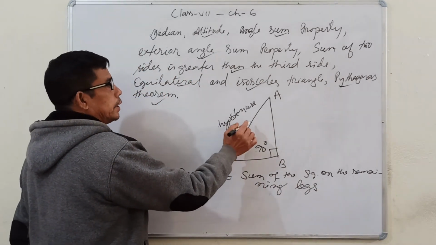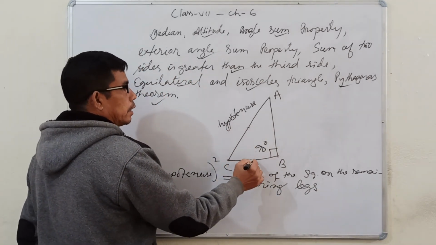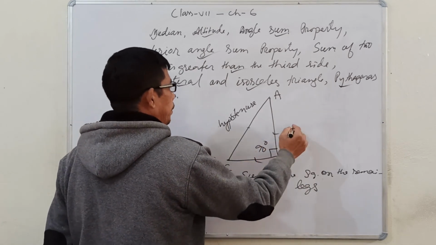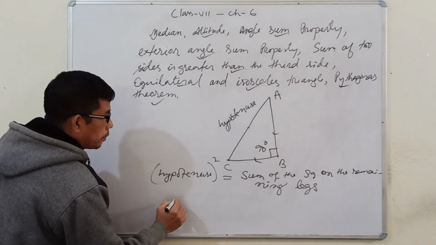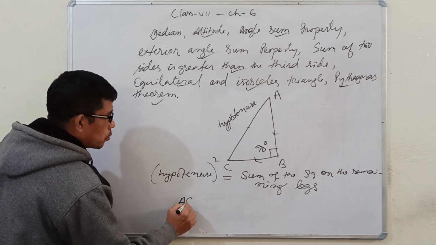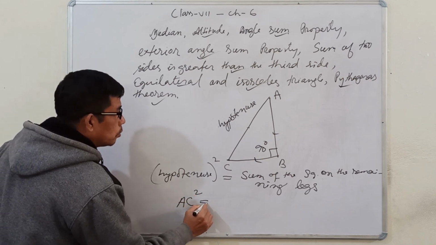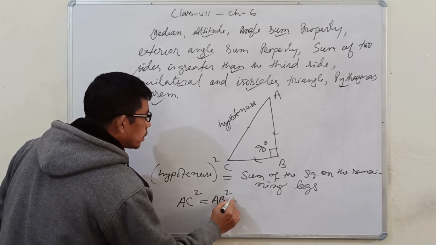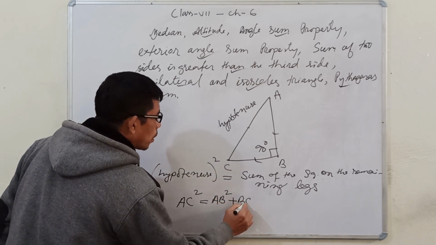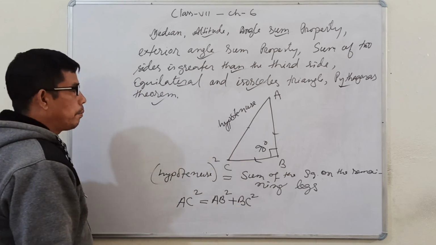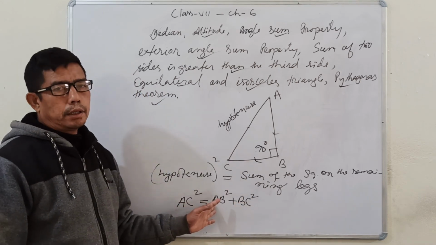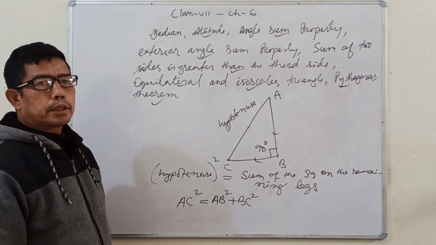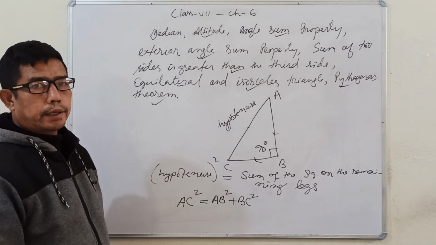Here the hypotenuse is AC. The remaining legs, that is the remaining two sides, are BC and AB. So we can write AC square is equal to AB square plus BC square. This is very important. This can be used in finding the unknown side in a triangle when two sides are given in a right angle triangle.